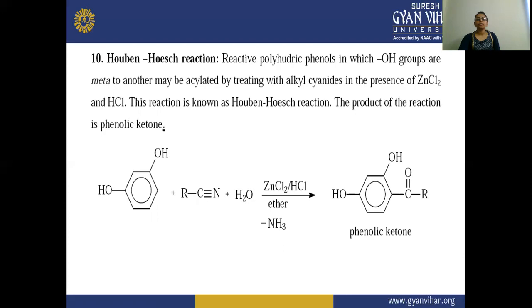We are treating it with alkyl cyanide in the presence of zinc chloride, HCl and ether. So here there is a formation of phenolic ketone, and this reaction is known as the Houben-Hoesch reaction, and the product of the reaction is phenolic ketone. So here we can see the phenolic ketone is formed.